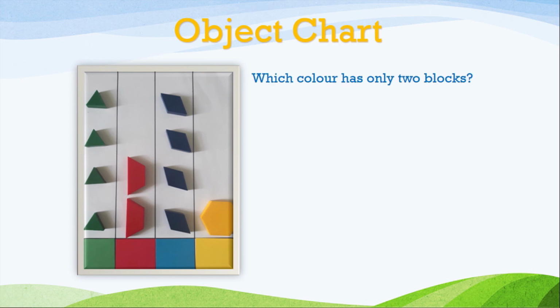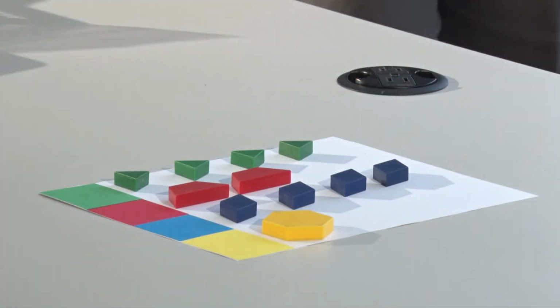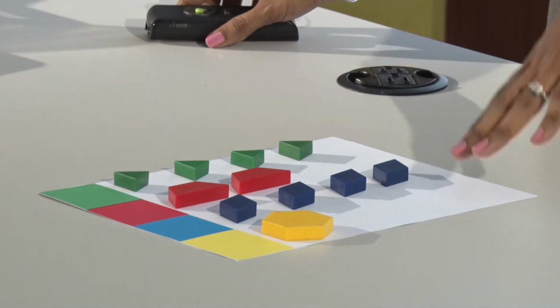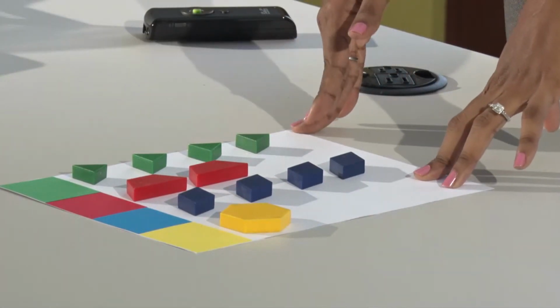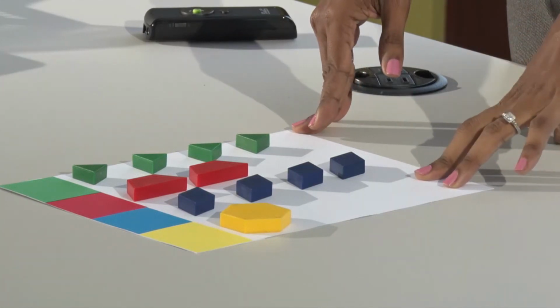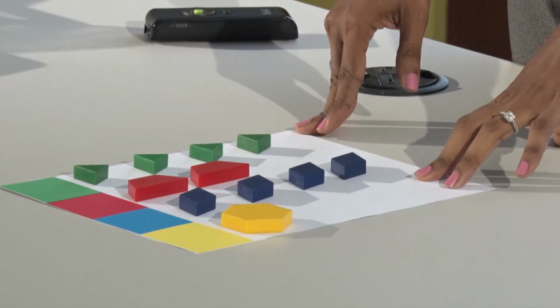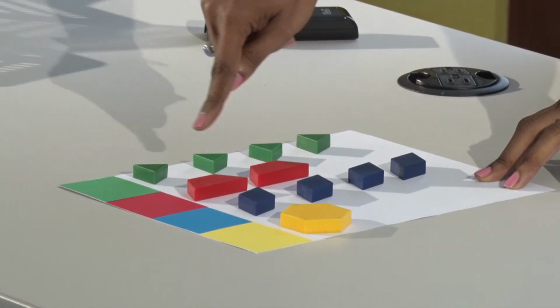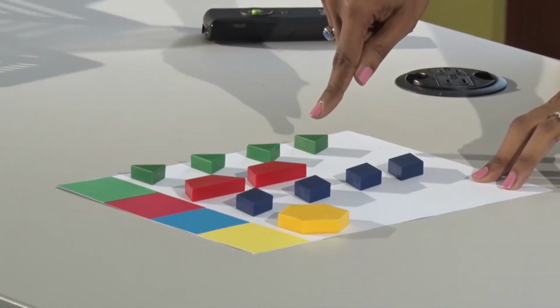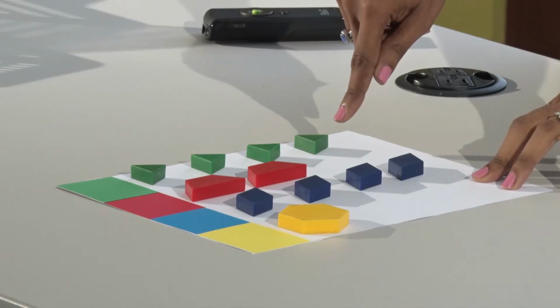Which color has only 2 blocks? So when I look carefully at my object chart, I can count the number of blocks in each column. But I'm looking for the one which has 2. So let's count. Green, 4, that doesn't have 2.